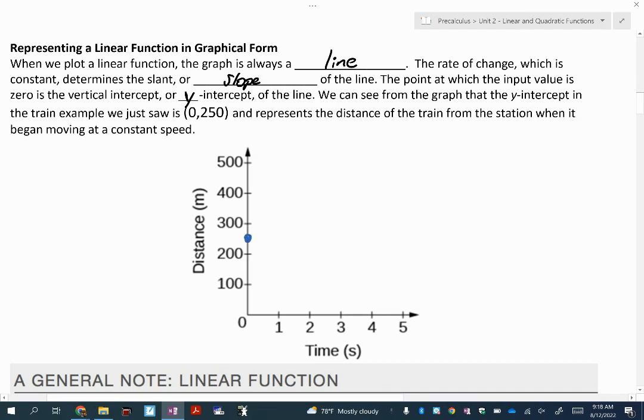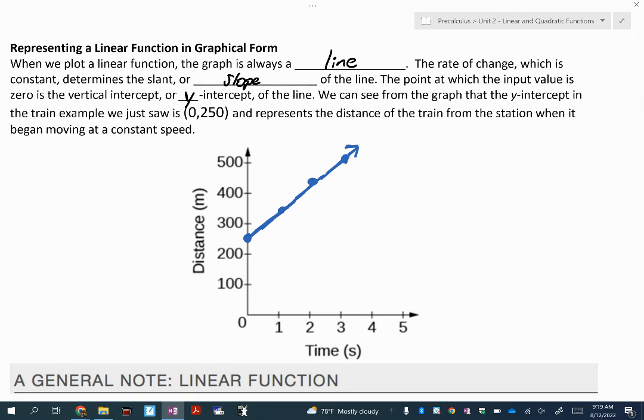We have to get 250 meters away from the train station before we start this function. Then each additional second, we add on that slope of 83 meters. So it's 333, 416, and then essentially 500. Probably not going to be a perfect line here, but in theory, it should be if I were to sketch this in a calculator. Notice how I don't have an arrow going to the left of 0, as we already talked about. Time is only going to be positive values.